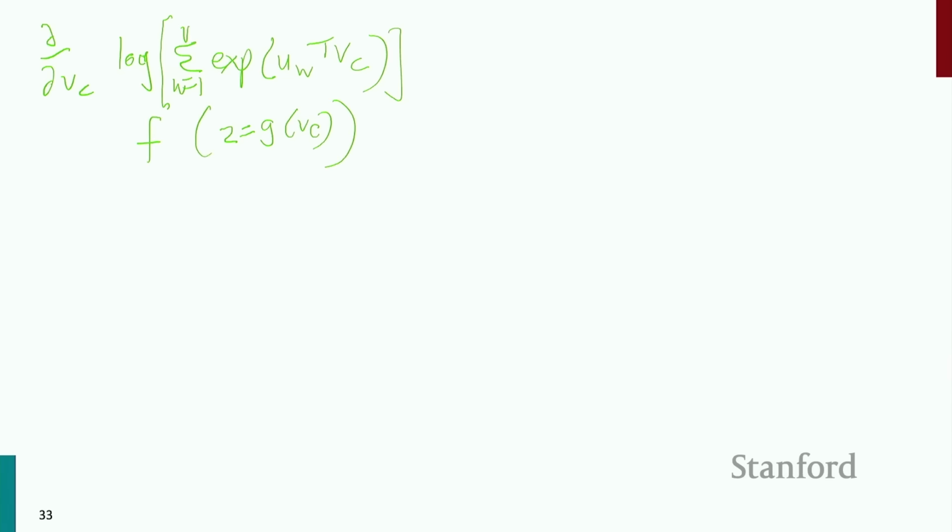And so when we have something like that, we can take the derivative of f with respect to z times the derivative of z with respect to v_c, right? That's the chain rule.